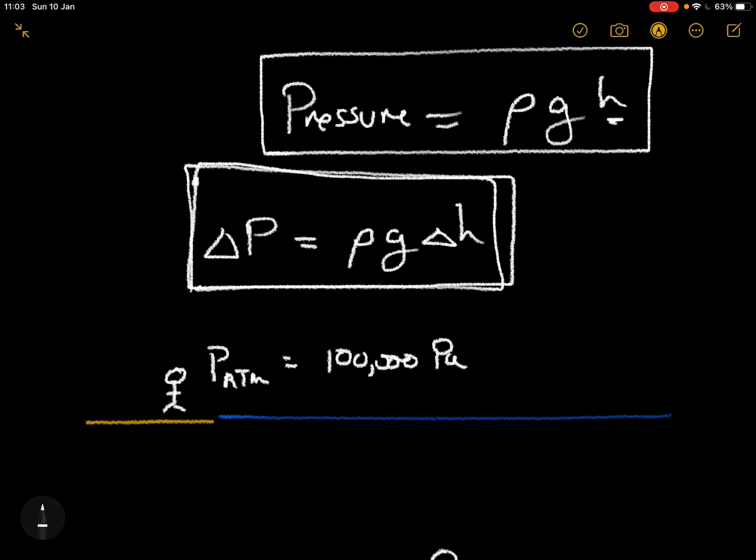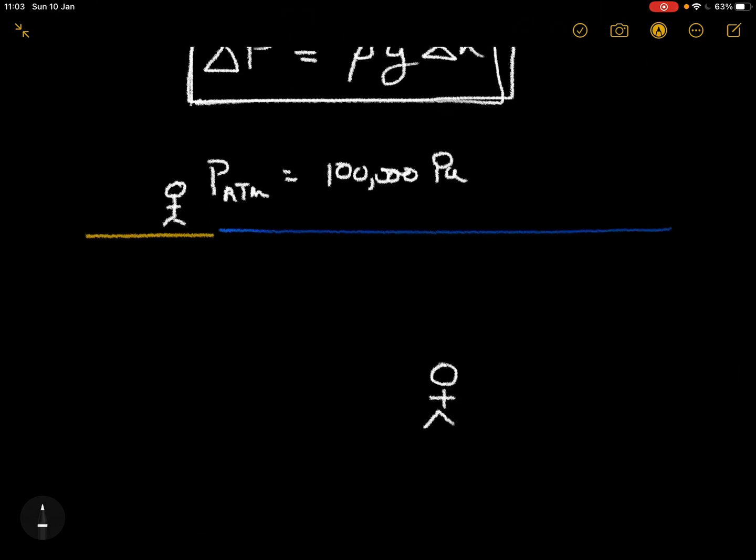It changes slightly due to temperature differences and the amount of salts dissolved in it, but generally it's not changing dramatically. Whereas if you go up a few miles into the atmosphere, the air pressure starts to drop quite dramatically. That's because of the density of air, so it's not a good approximation for air. But the idea is still the same: you can work it out from the weight of the air above you, 100,000 pascals pushing down on you.